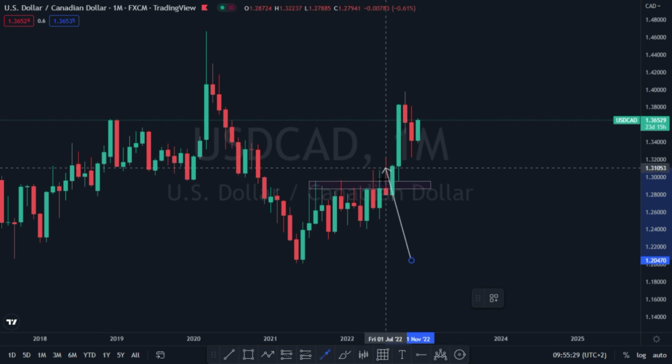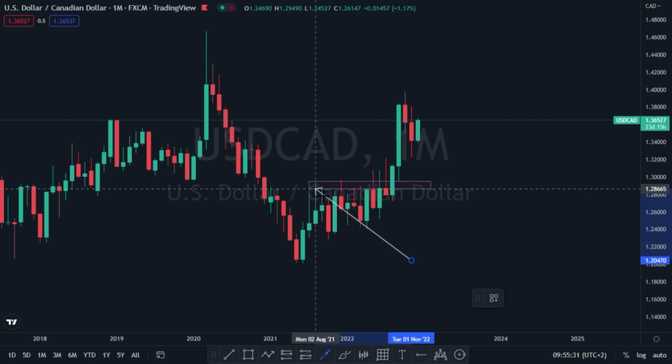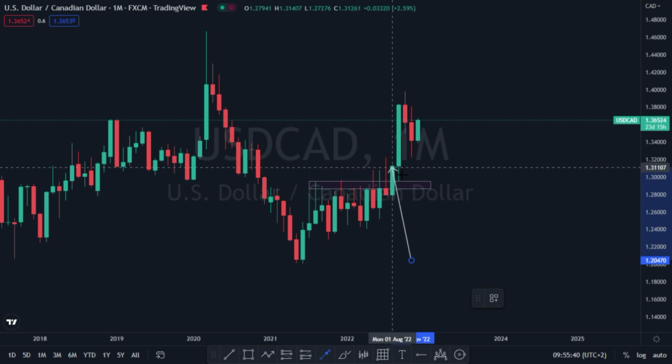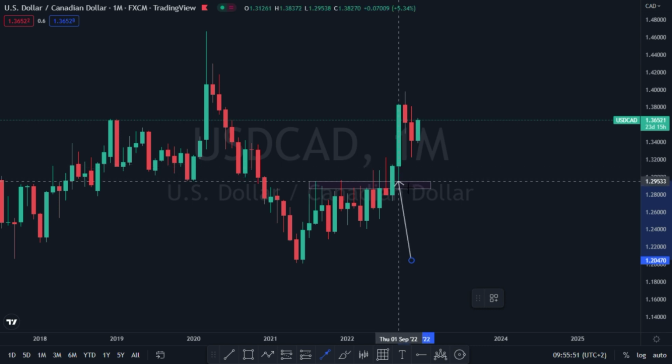It pushed all the way to the upside, broke above this level, and then we can see clearly that the next candlestick that came out pushed up to the upside, but before it pushed to the upside, it had to come back to that level to test that level, right? And then look at what it did.